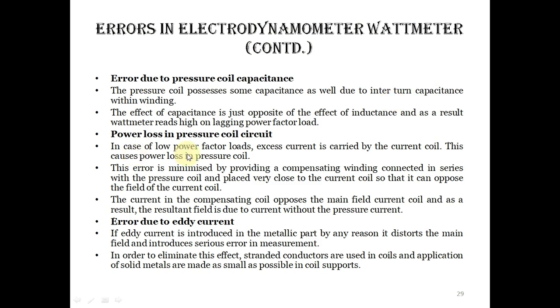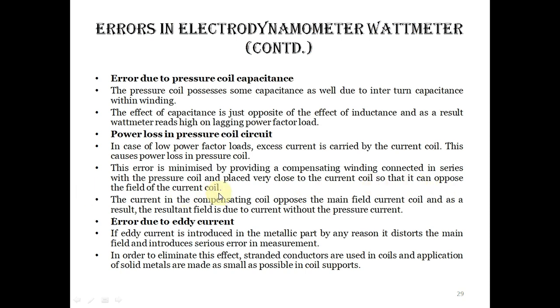In case of low power factor load, excess current is carried. When power factor is low, current becomes high, and in the pressure coil circuit we have non-inductive resistance R. So when current is high, I square R loss will be a significant amount. This error is minimized by providing a compensating winding connected in series with the pressure coil and placed very close to the current coil, so that it opposes the field of the current coil.